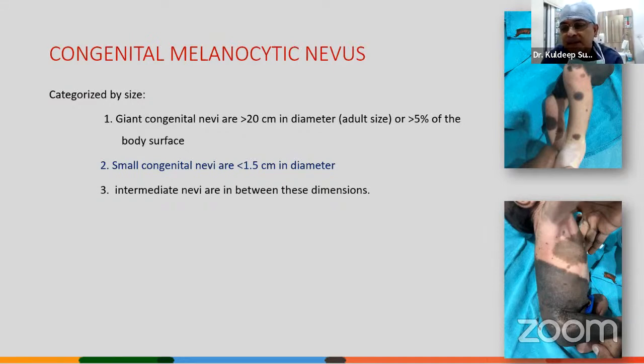What is the purpose of presenting this case? I understand that neonatologists and pediatricians may have very little to handle this kind of lesion, but there are a lot of prognostic factors associated, and while counseling the patients, we have to be very careful in telling them what is going to happen in the future.